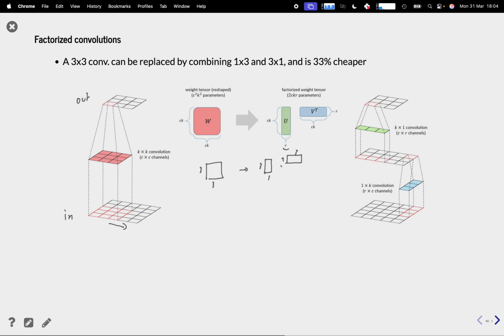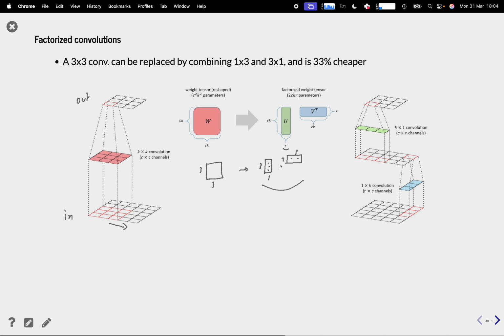And mathematically, they will be identical. The weights values will be different, but mathematically, if you had known the kernel, you could just have decomposed it into a 3 by 1 and 1 by 3 kernel and have the exact same result. Right? So you might as well learn these directly. And this is what happens here with these factorized convolutions.